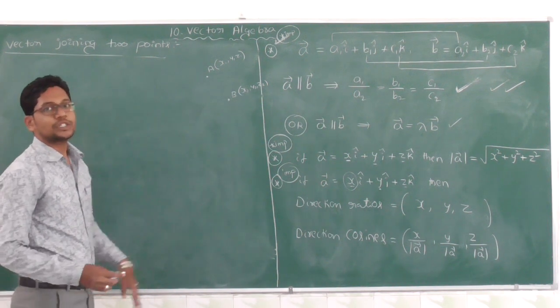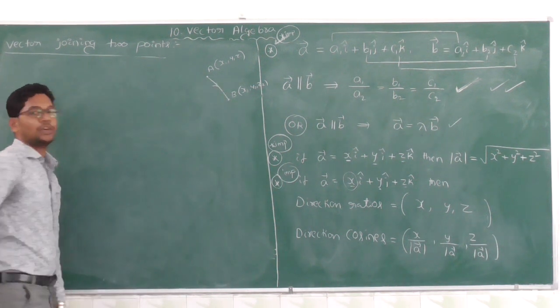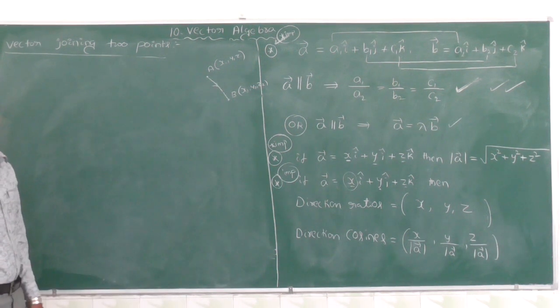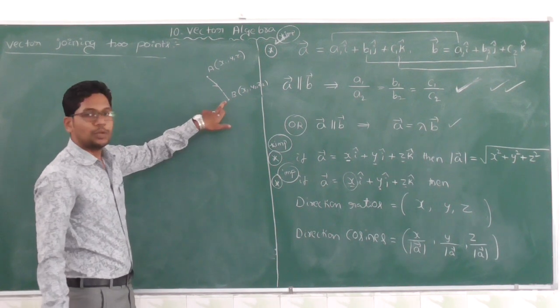Then the vector joining A and B is the vector AB. How to find the AB vector? Here, the initial point is A, the terminal point is B.